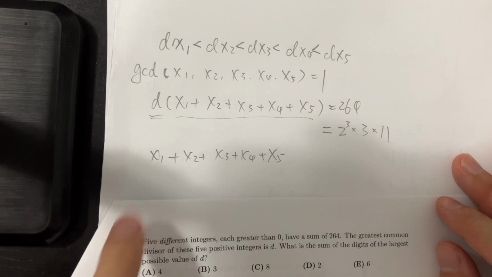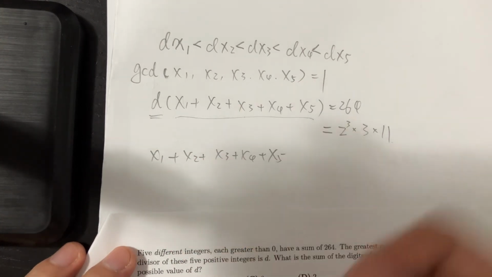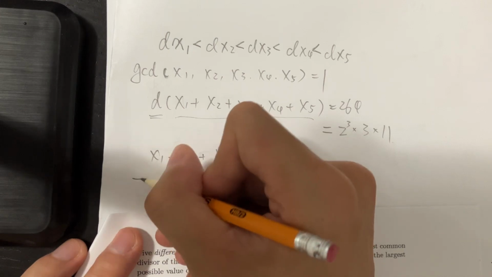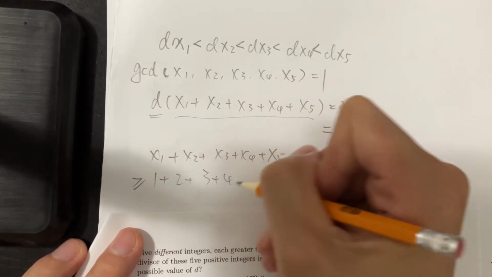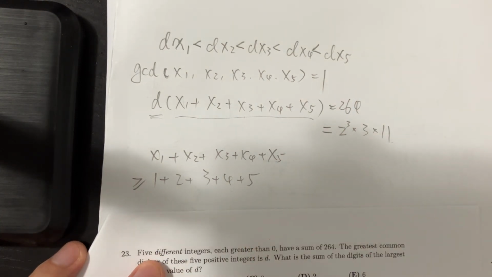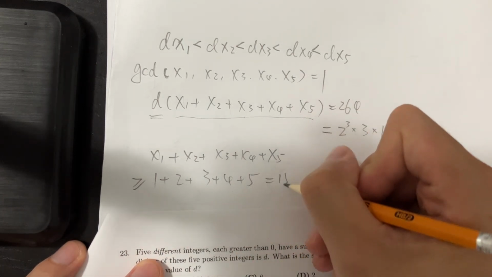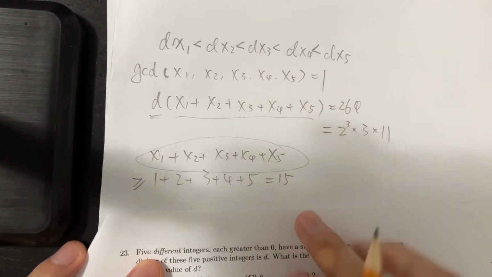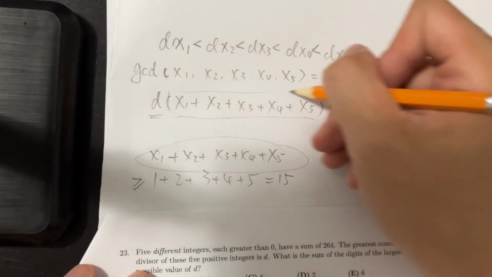If we want this value to be as small as possible, this is no smaller than 1 plus 2 plus 3 plus 4 plus 5, the very first 5 positive integers. So this is already 15. That is to say, this part is no lower than 15.